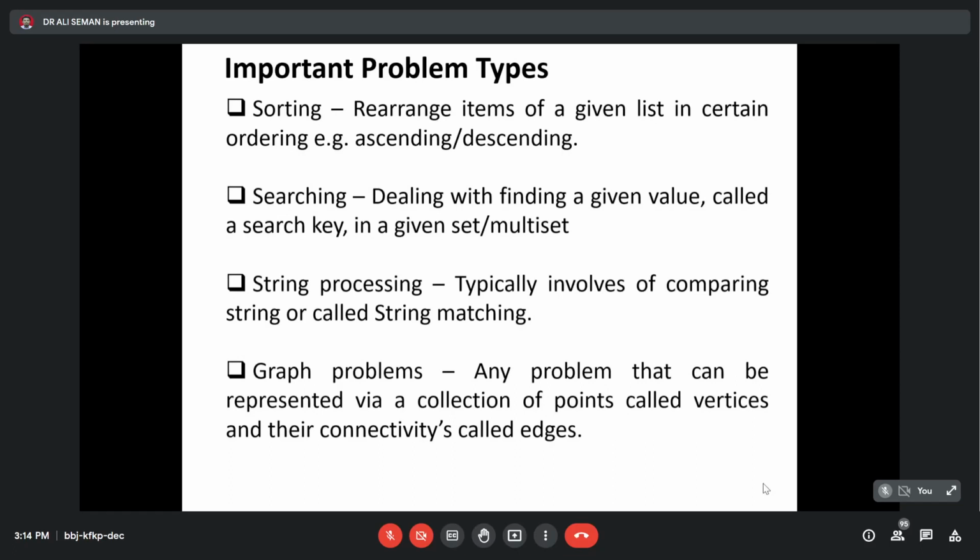The main problem here is traversal, where we need to traverse from one point to another. We have the classical traversal algorithms, as I think you learned in data structures: pre-order, in-order, and post-order. Those are the classical traversal algorithms. We have a lot of other graph problems and algorithms too.